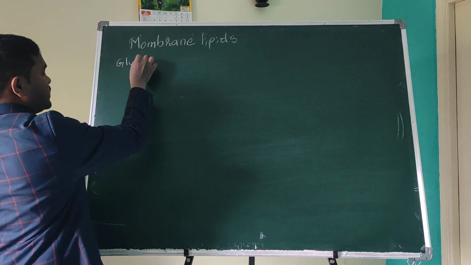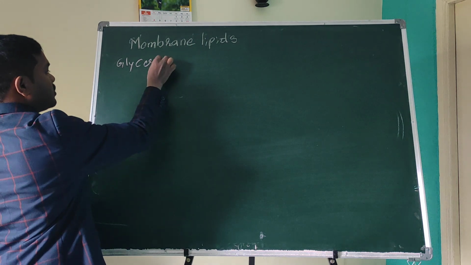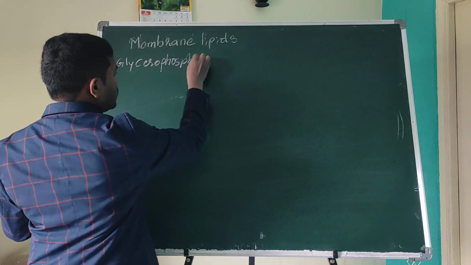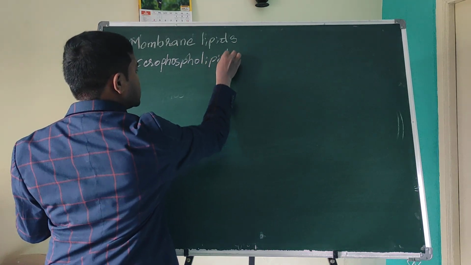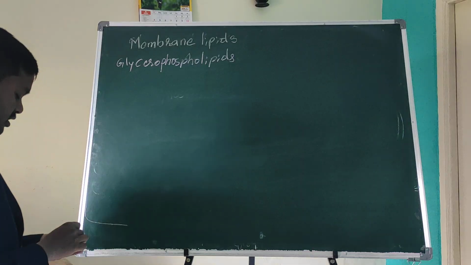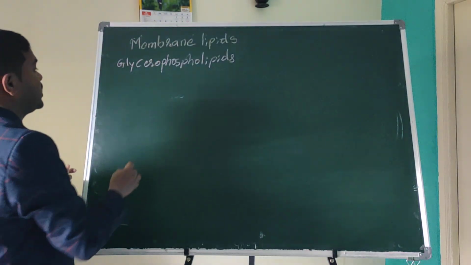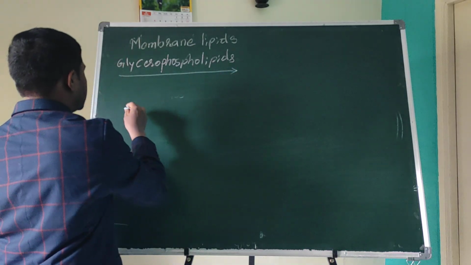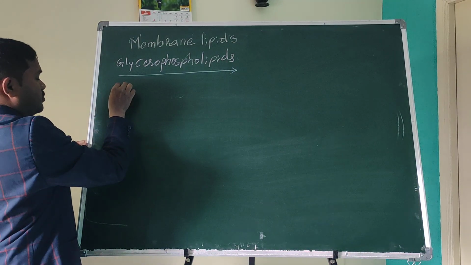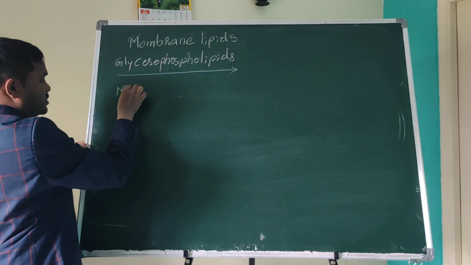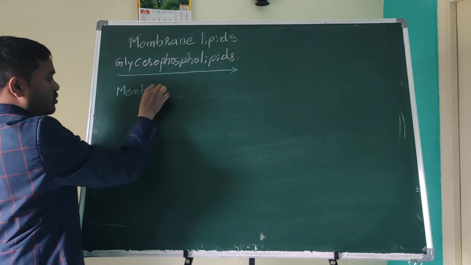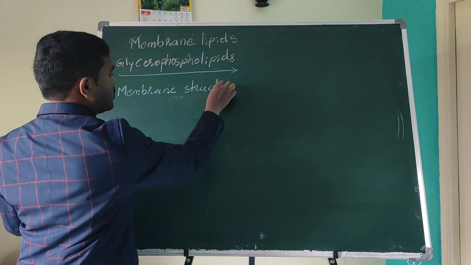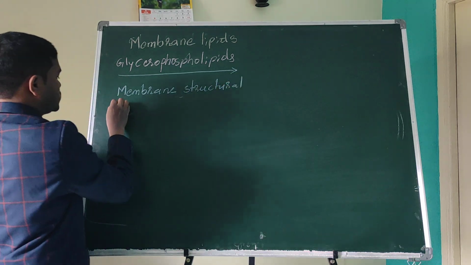Glycerophospholipids, first one. These glycerophospholipids are part of the membrane structural lipids.